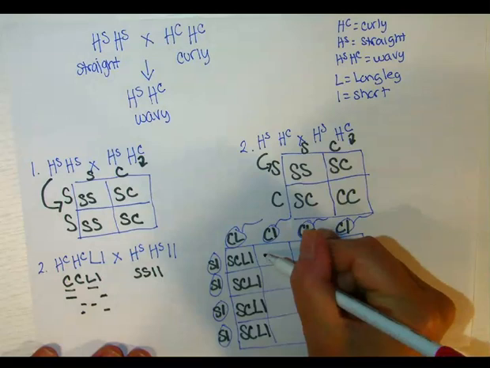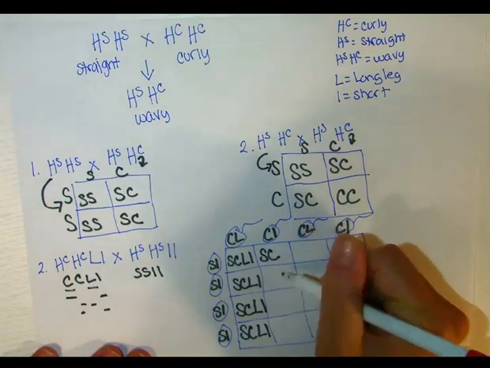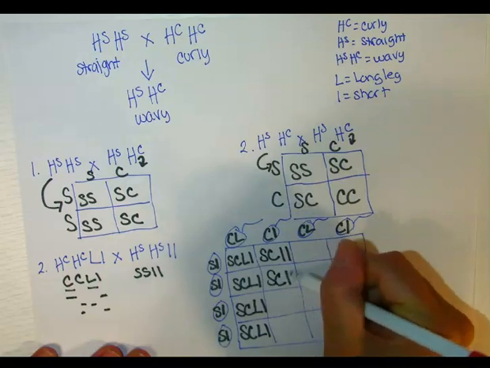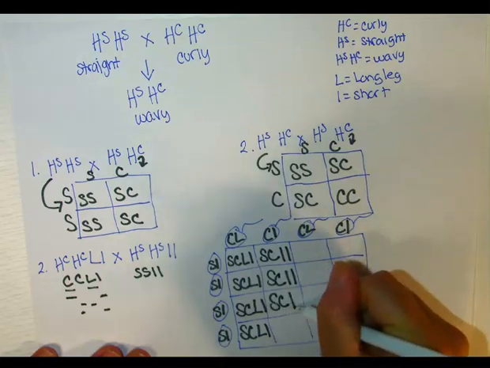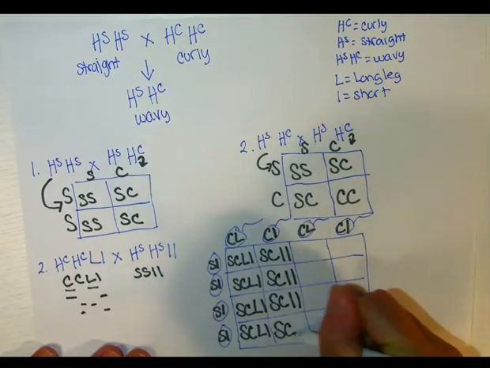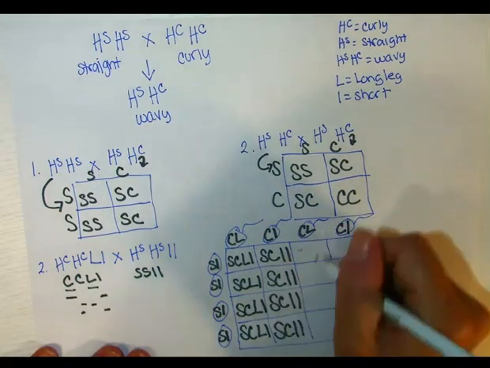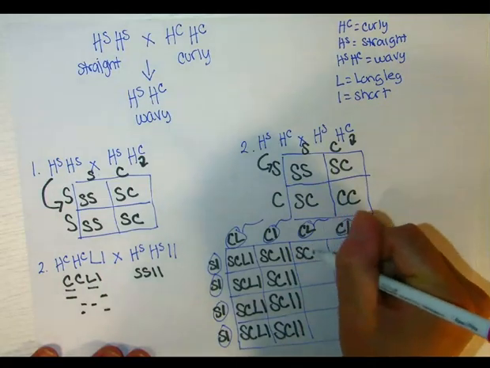And then if we look here, this is going to be SC, little l, SC, little l, SC, little l, SC, little l. These 4 kids are going to have wavy hair and have short legs, okay? And we can see that's the same. I'll just keep filling it out here.